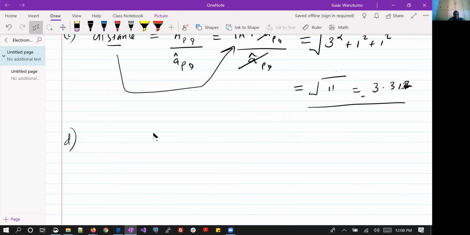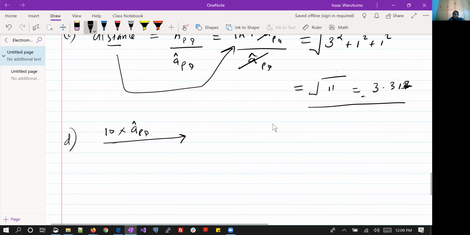We want a unit vector PQ times 10, because it is going to be a vector that has a unit direction of PQ, but a magnitude of 10. So the question is asking us to find the unit vector APQ. And how do you find the unit vector APQ?